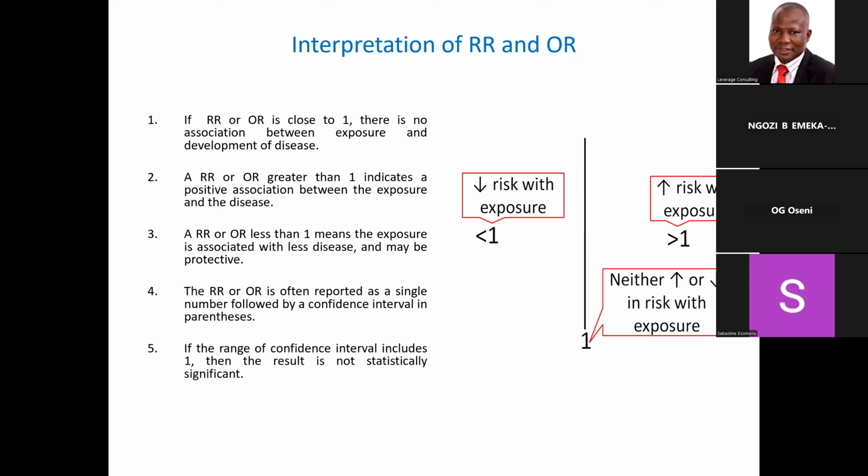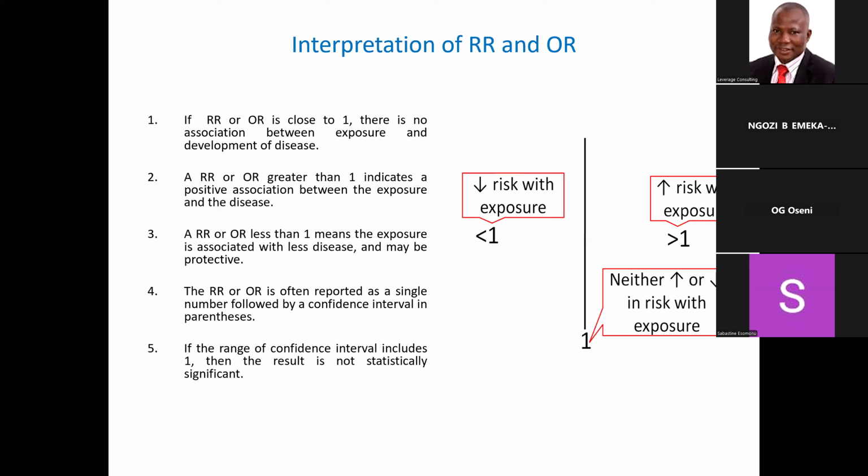So if the exposure actually caused the disease, the risk among the exposed should be far bigger, in such a way that when you divide it by the smaller risk among the non-exposed, it should be greater than 1. Not only greater than 1, the value will give you the magnitude of that impact, the effect of that risk on the disease.